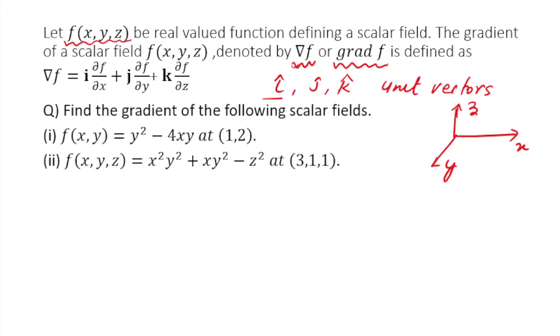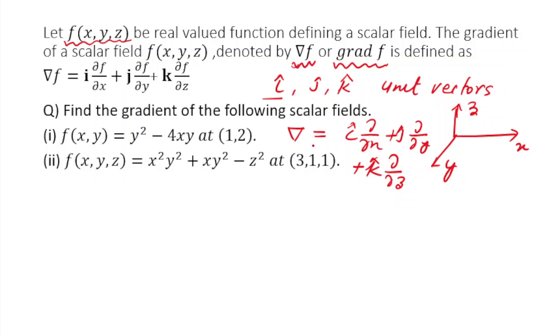And I hope you are also clear that when I talk about this del operator, it is defined as the operator which I can write as i del by del x plus j del by del y plus k del by del z, right?